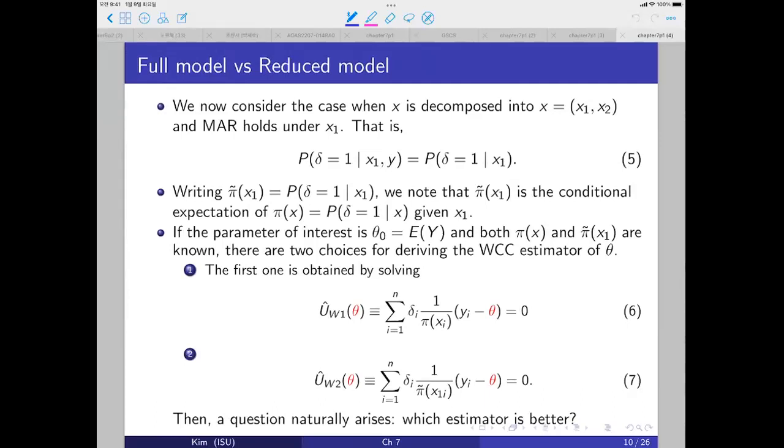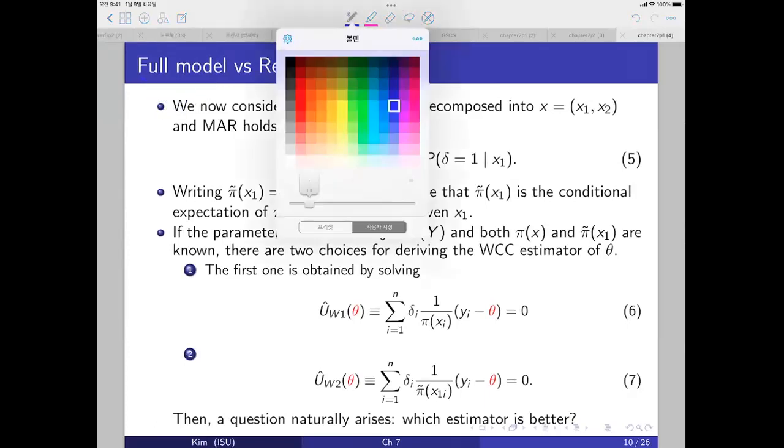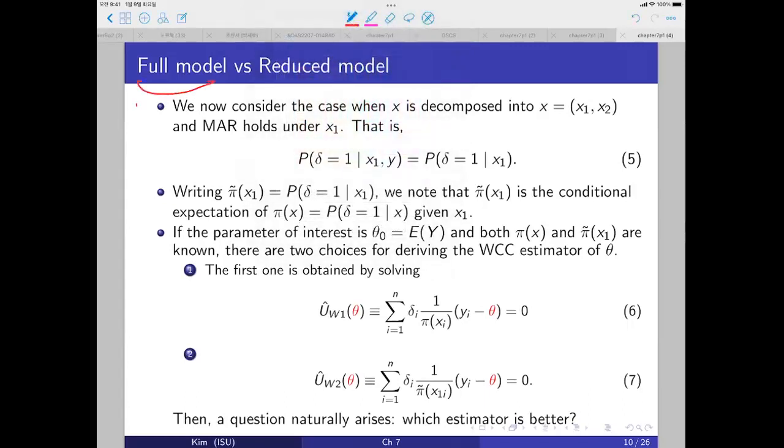The first one uses x1 only, and the other one uses x1 and x2. I'm going to use tilde to emphasize that it's only using x1, and pi as the original one. So we have a full model versus a reduced model: full means using x1 and x2, and reduced means using x1 only.